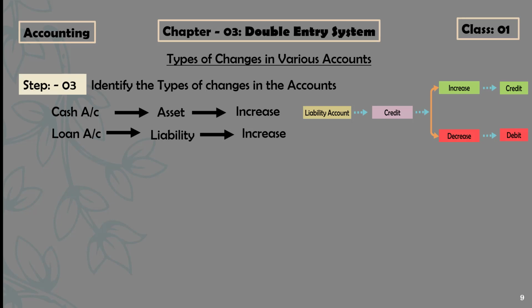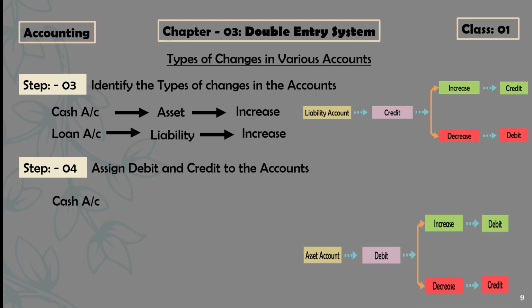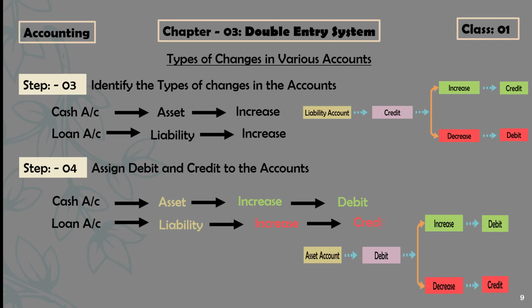Step 4, assign debit and credit to the accounts. Since cash account is an asset account and it has increased, it will be debit, and the loan account, which is a liability account, due to the increase in liability, it will be credit. So finally we get our result: cash account debit, loan account credit.